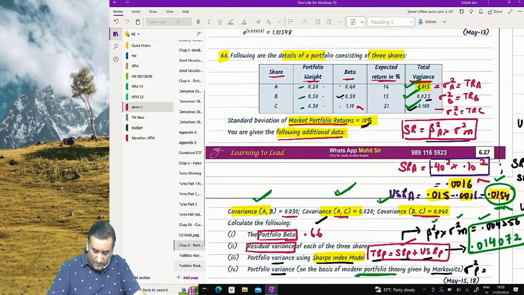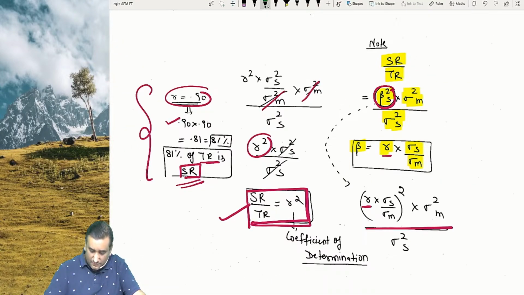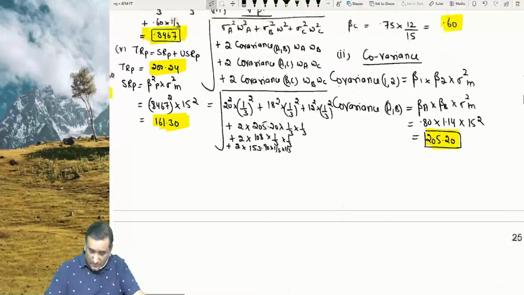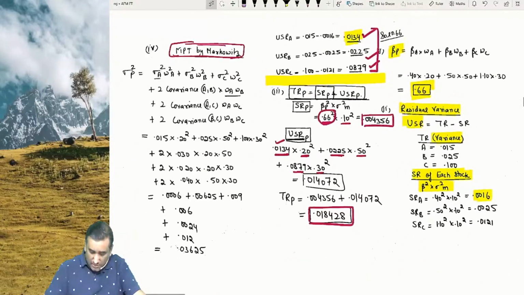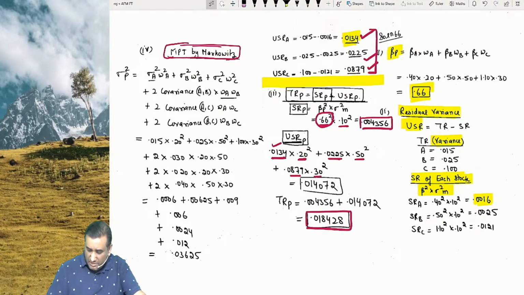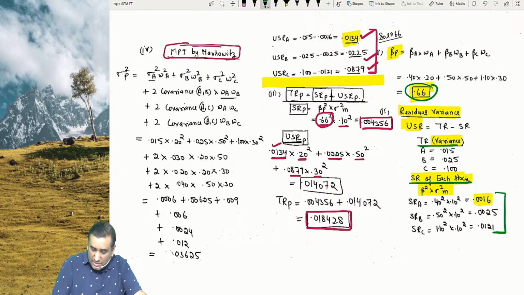Was question number what we have? 6 now. I'll roughly cross check. Found 0.66. Total minus this, systematic risk of each stock you found, and then unsystematic risk is this. Then we had a total risk of portfolio, systematic risk of portfolio plus unsystematic risk of portfolio, 0.004356, and unsystematic risk, this is the area of a mistake, square form.